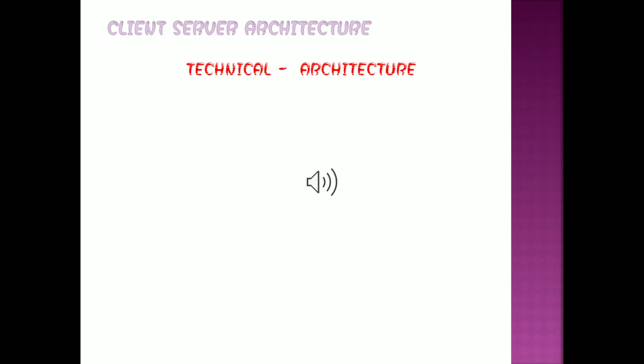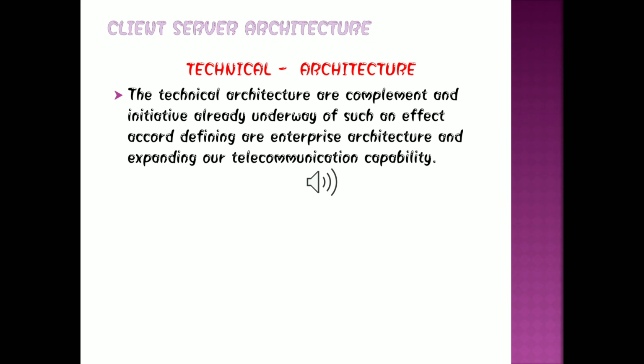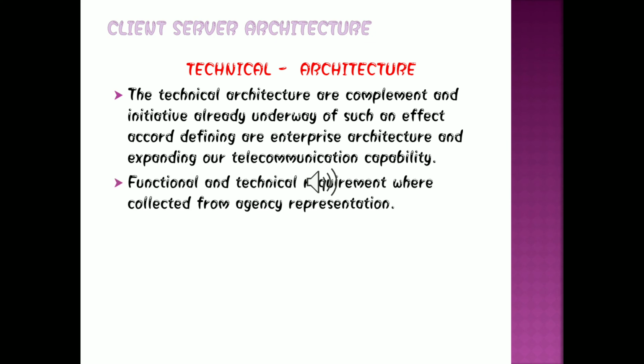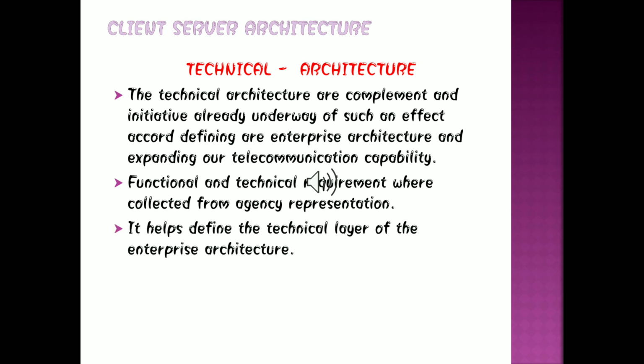In this slide, we discuss the technical architecture. The technical architecture is complemented and invited already underway, according to the definitions of enterprise architecture. It should perform the functional and technical equipment. Technically, the functional information architecture is responsible at the technical level.